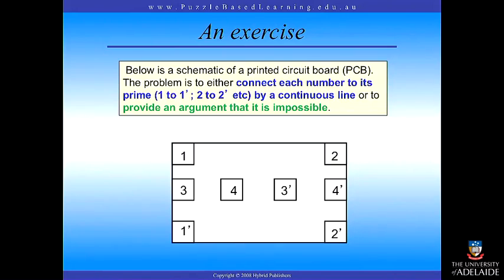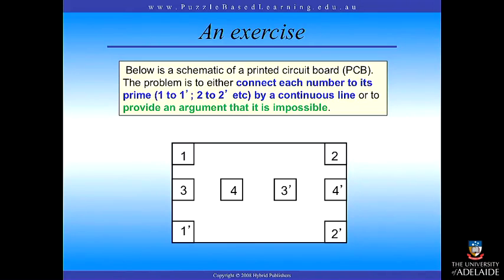Again, this is a very common problem in electronics, in engineering. You have here a schematic of a PCB, which is a printed circuit board. You have to connect points 1 to 1 prime, 2 to 2 prime, 3 to 3 prime, and 4 to 4 prime with a continuous line.